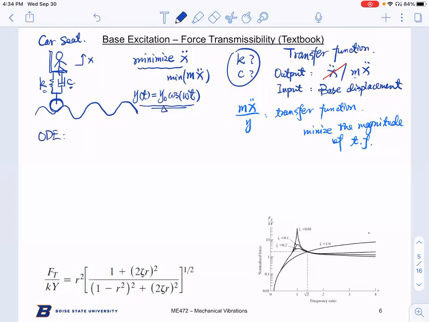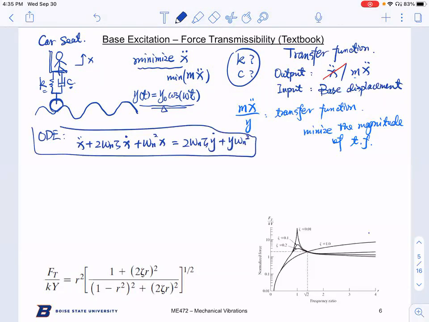For base excitation, the ODE, we already derived that. I'm just going to copy from previous lecture notes. Okay, so that's your system dynamics.